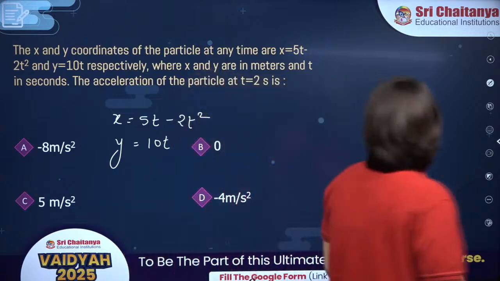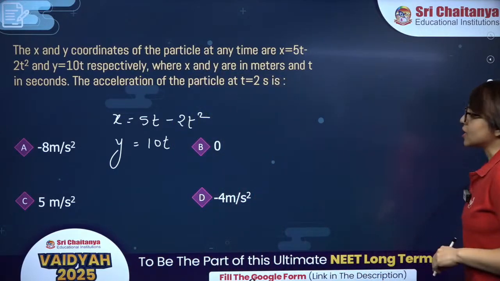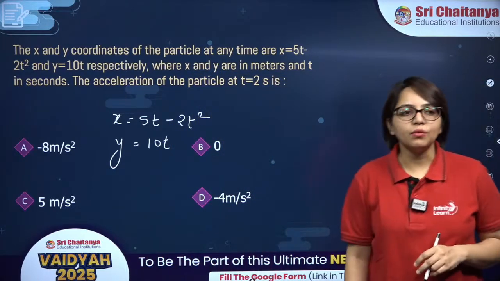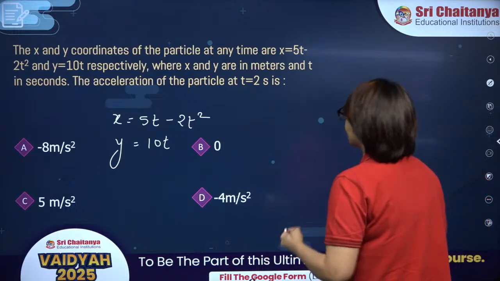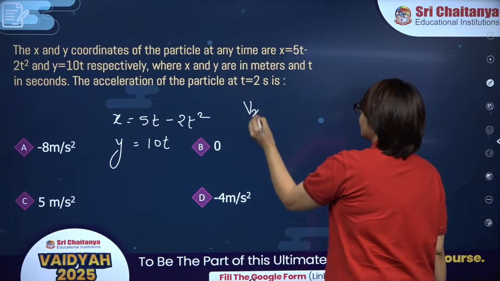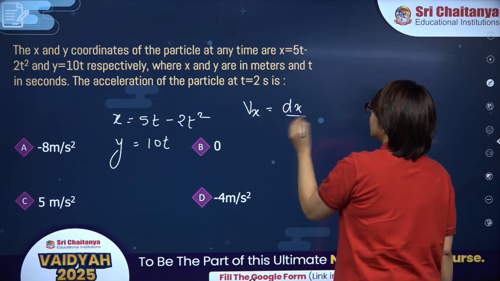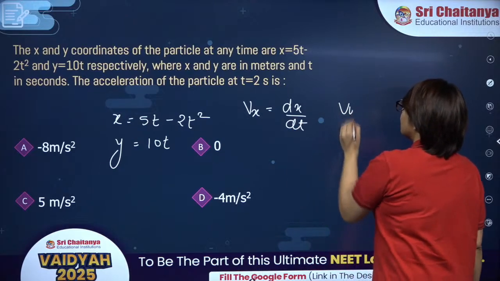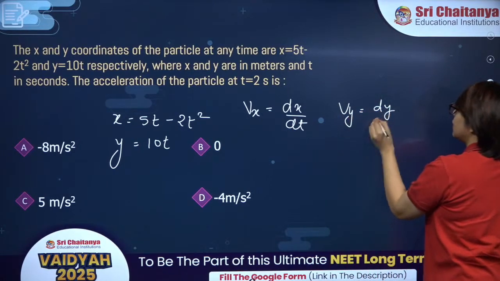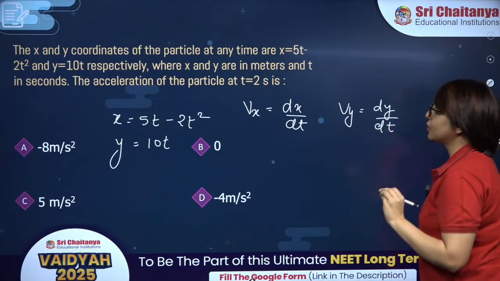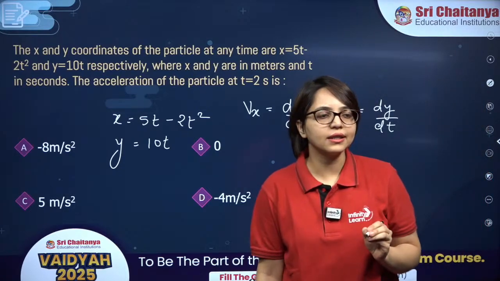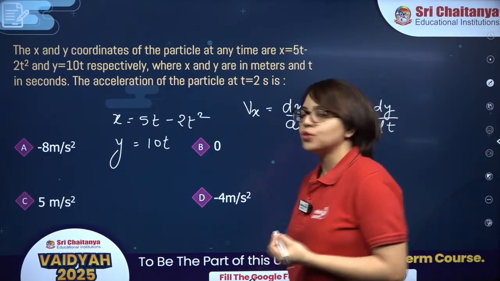Try this one. We have position x and y in terms of time over here. Then how do we find velocity? X component of velocity will be dx upon dt and y component of velocity will be dy by dt. You have to differentiate x to get vx and differentiate y to get vy.